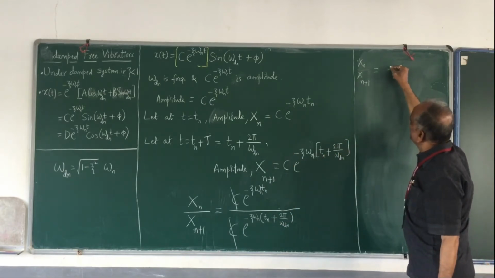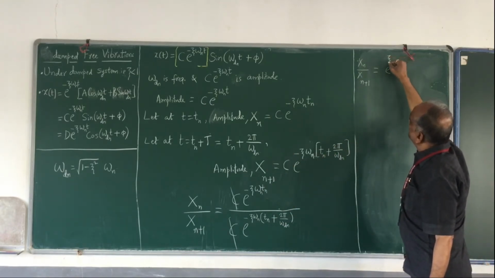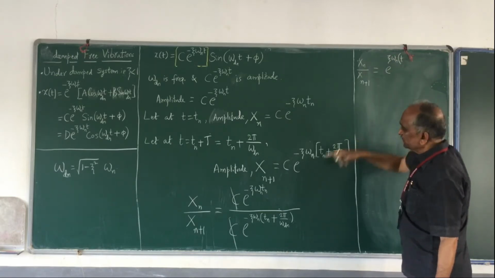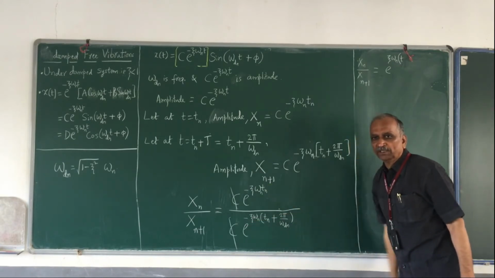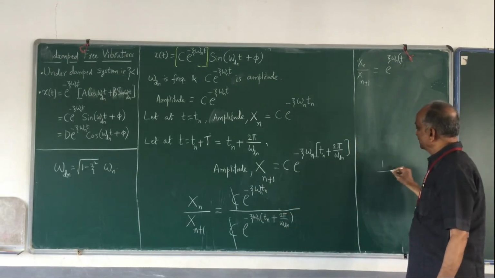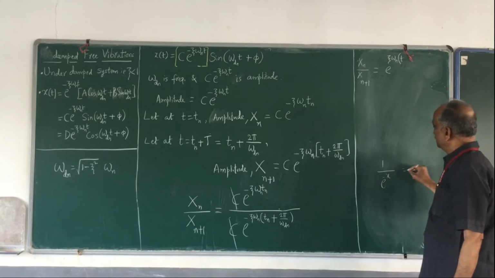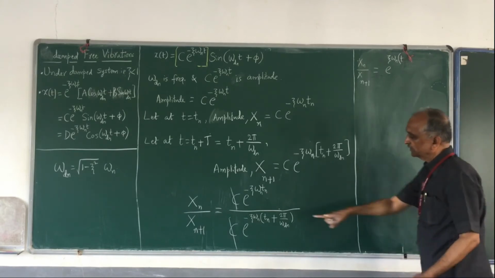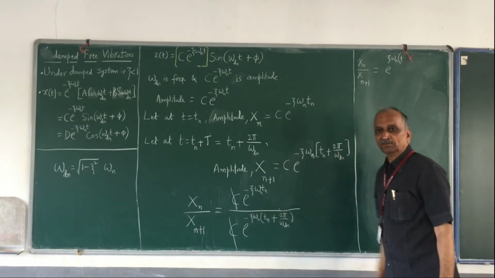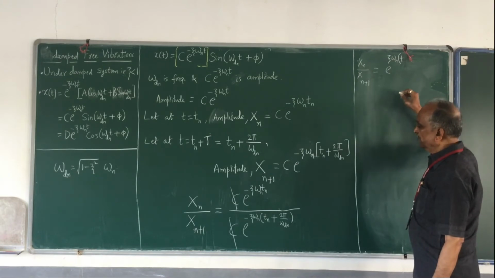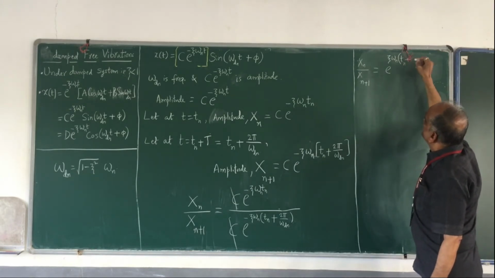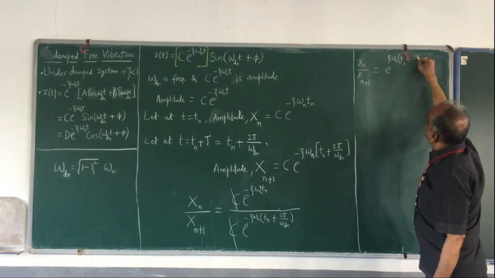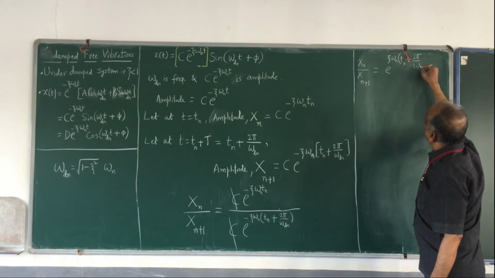That becomes e raised to plus zeta into omega n into tn plus 2 pi divided by omega dn.